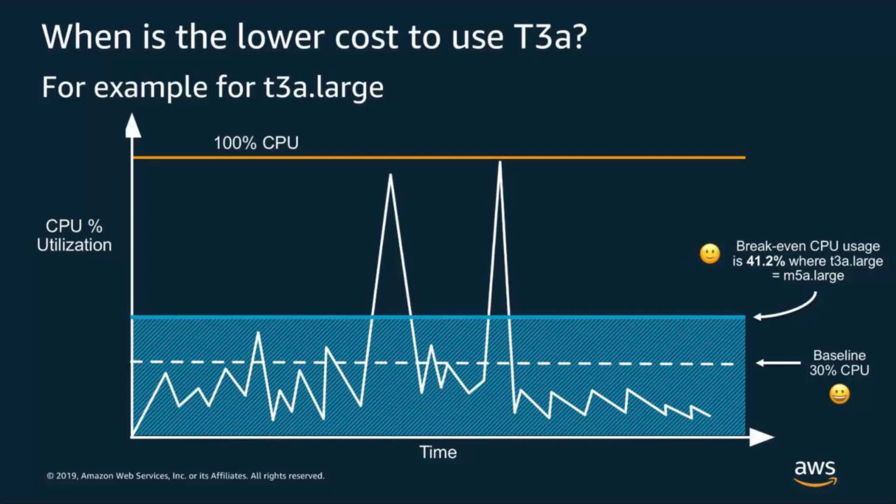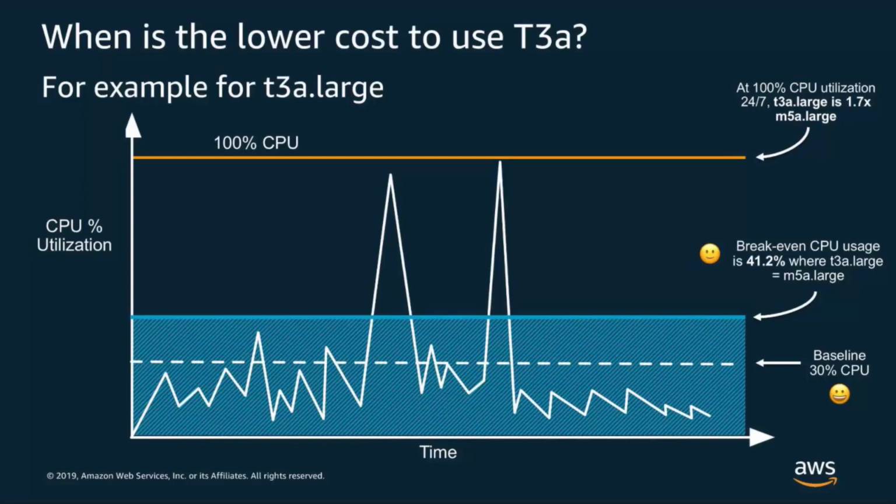Now, if you go all the way up to the point where you see 100% CPU utilization, you can get to the point where you have to purchase so many credits to get above what you're allocated for T3a large being 30%. If you need to get to 100% and you're running that 24/7, the amount of credits you would have to purchase actually makes the cost of running T3a large more expensive.